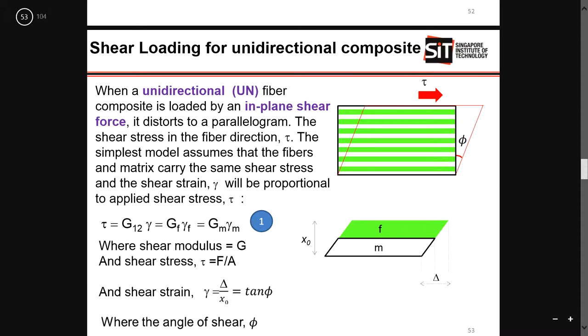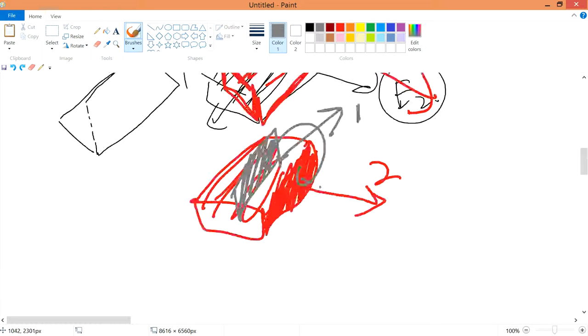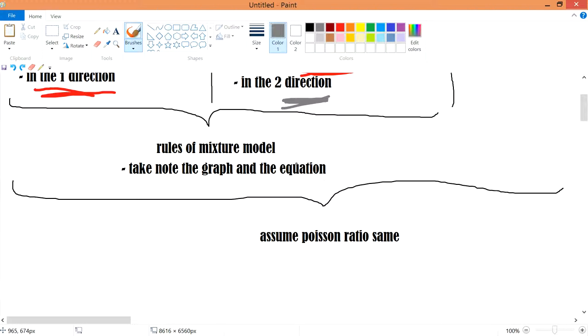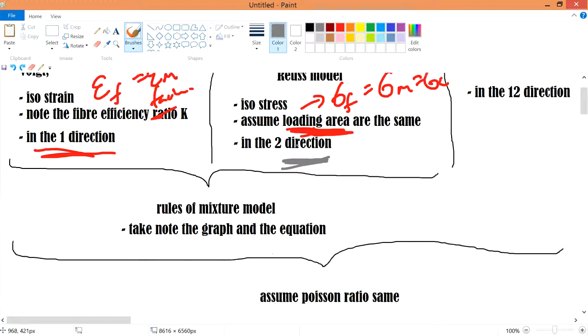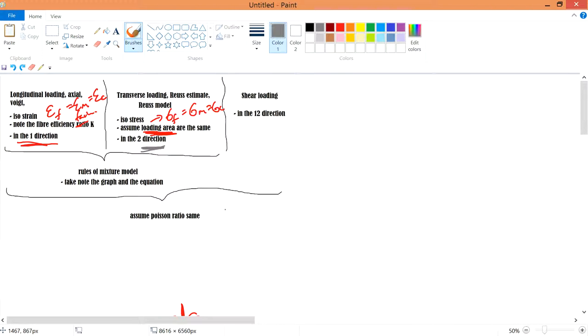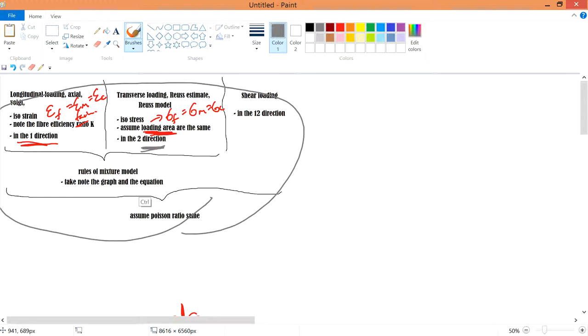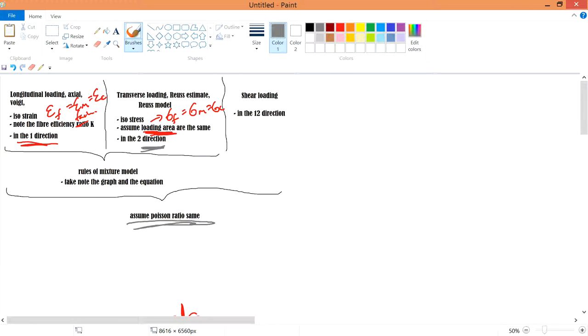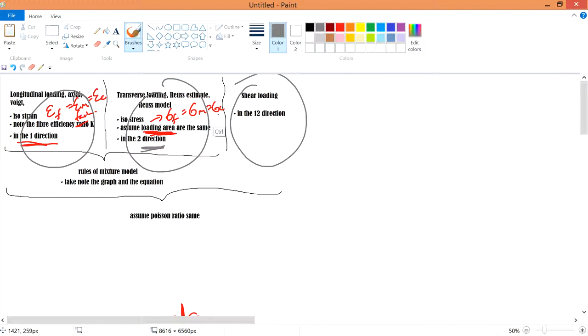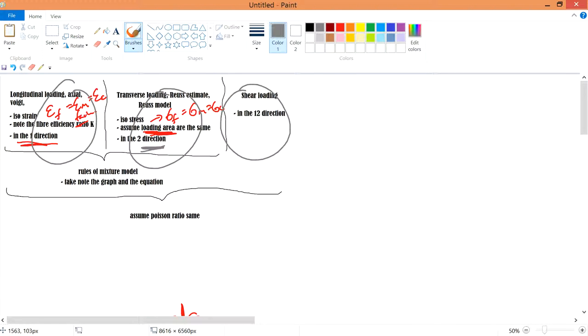With a bigger picture now, all along we have been assuming that the Poisson ratio is the same for all materials. With this assumption, we went into different understandings of all of them.